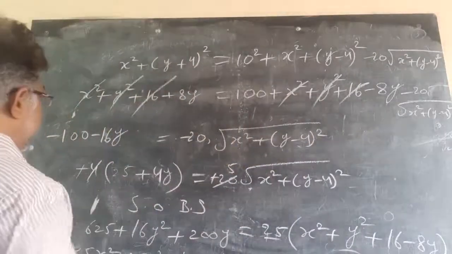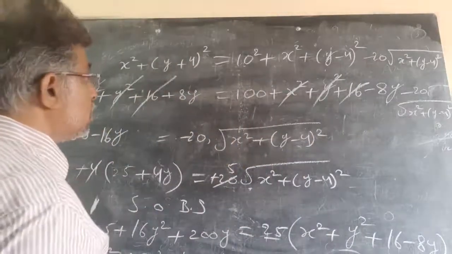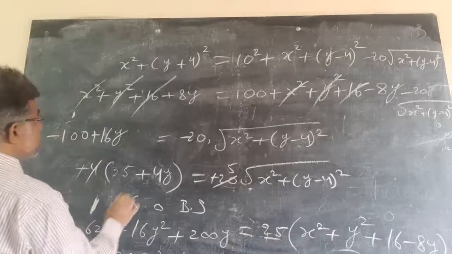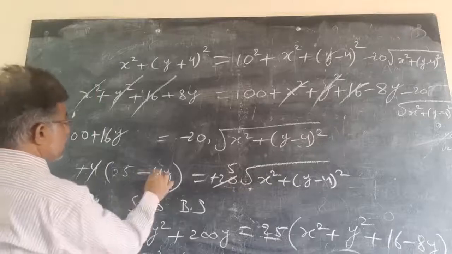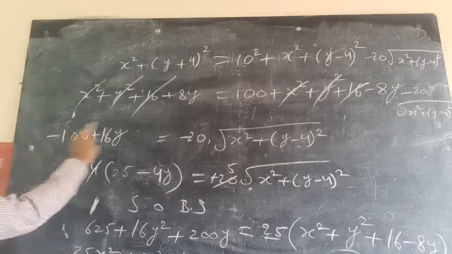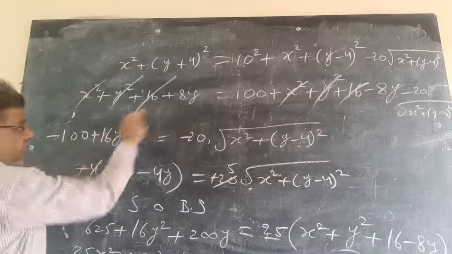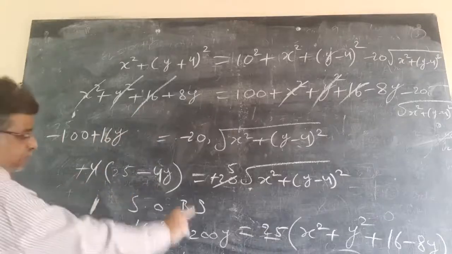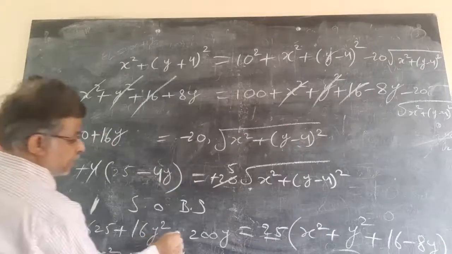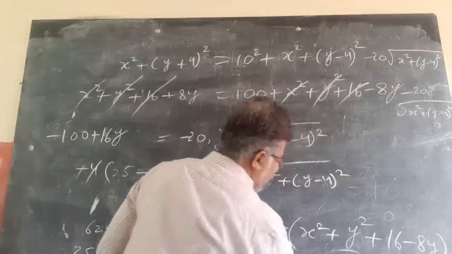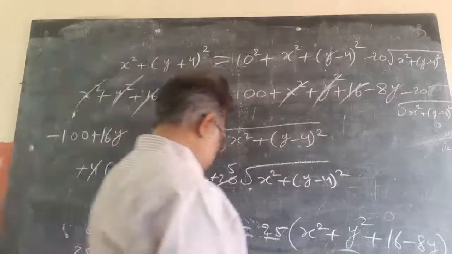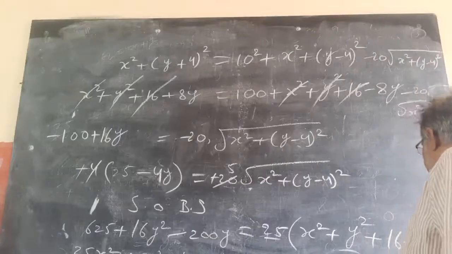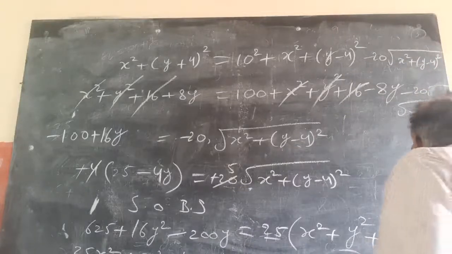Check the calculation part. Minus 8y plus 8y is 16y, now I am taking 4 common, so minus 2ab. Now plus 200y comes inside, and plus 625 comes inside as minus 625 equal to 0.